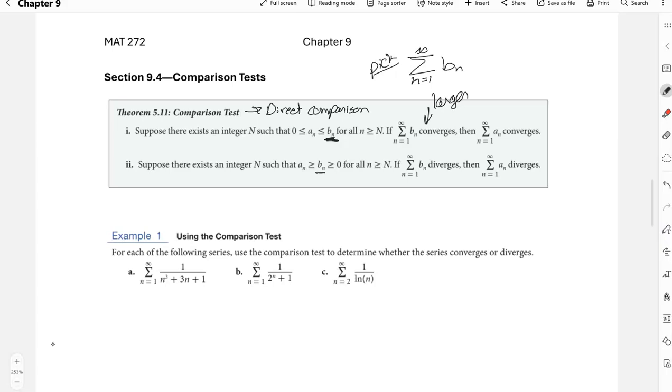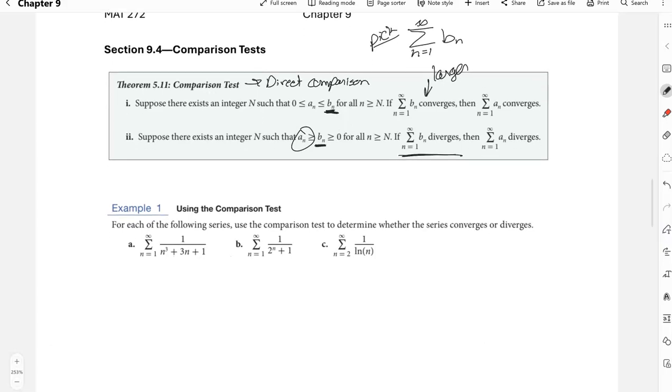For all lowercase n greater than or equal to capital N, if the sum from n equals 1 to infinity of b sub n diverges, so if we pick something that diverges and this sequence is smaller than what's coming out of the original, then it forces the original sequence, which is the sum from n equals 1 to infinity of a sub n, to diverge. So the goal is to pick strategically.